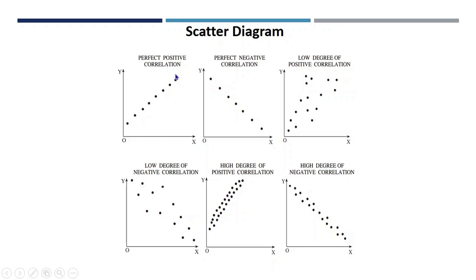This scatter diagram shows the perfect positive correlation, indicated by a straight line, and this one also shows a positive correlation but a low degree of relation. Here this diagram shows a high degree of positive correlation, and of the other three, this one shows a negative correlation, this one a low degree of negative correlation, and this one a high degree of negative correlation.